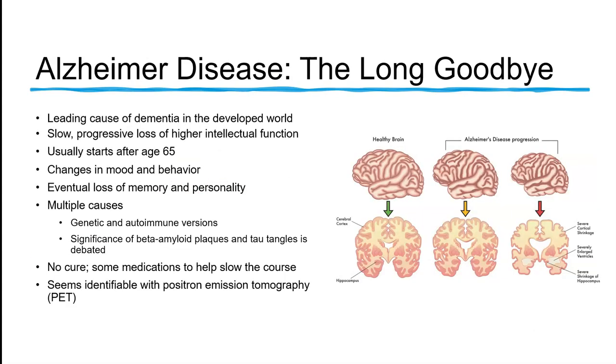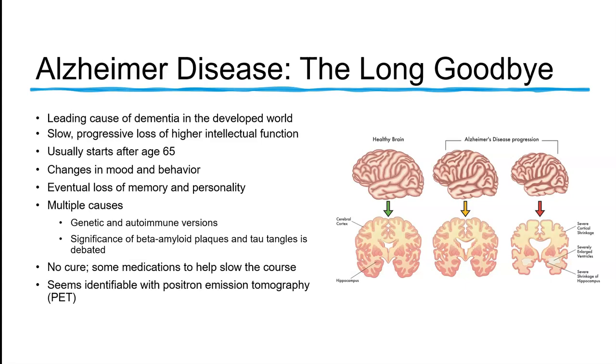Alzheimer's disease is the leading cause of dementia in the developed world, and it is sometimes known as the long goodbye because it is a very slow, progressive loss of your intellectual function. So you start to lose that person long before their actual death.